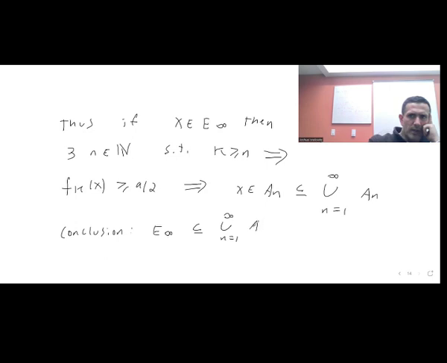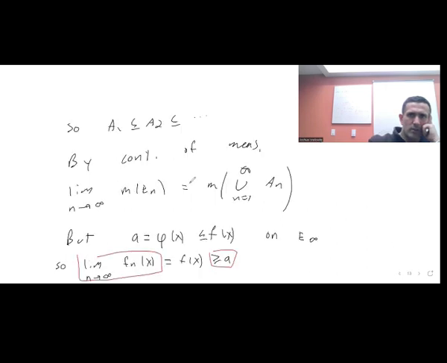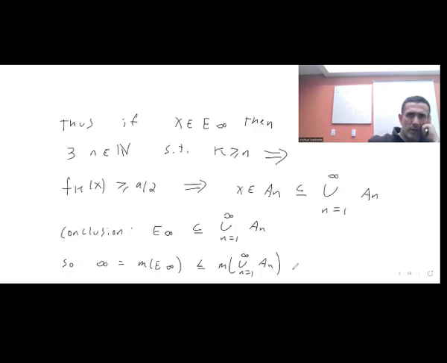This goes in the exact direction I want, because this has infinite measure. So infinity is going to be the measure of the set, that's less than or equal to the measure of the union. I don't per se care about that, but we had by continuity of measure, this is equal to the limit, and that's what I want.